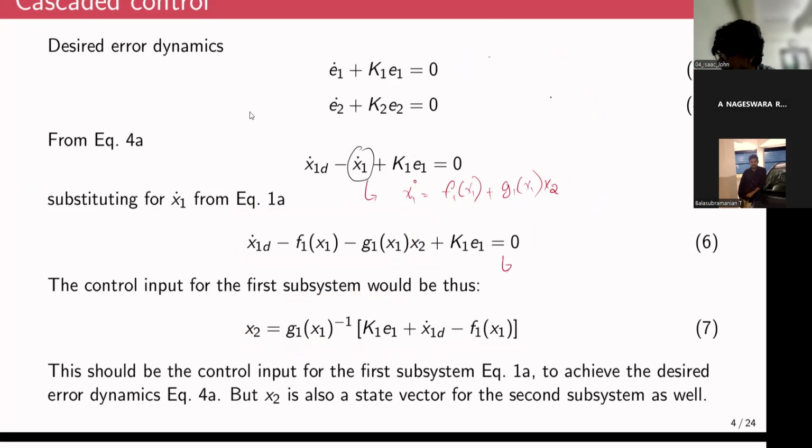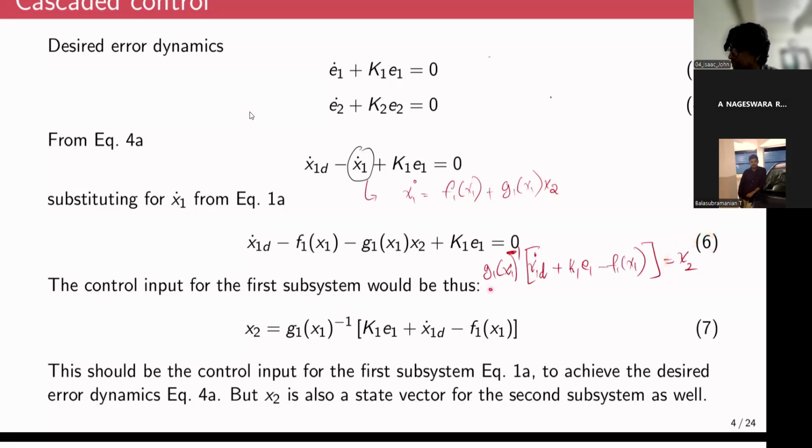If I bring this term over to the other side of this equation, and pre-multiply everything with g1 of x1 inverse, you will get the following solution: x1 desired dot plus k1 E1 minus f1 of x1, the whole term pre-multiplied by g1 of x1 inverse. This would give you the control input x2.